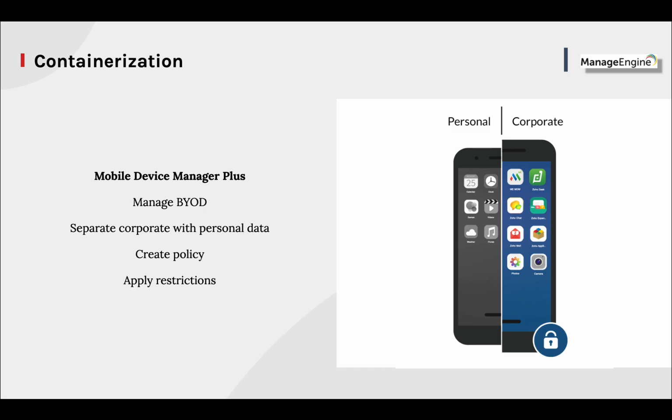For example, restricting sharing data from managed apps to unmanaged apps. These restrictions prevent unauthorized access of corporate data by unapproved apps and also prevent users from removing the existing configurations by factory resetting the device.